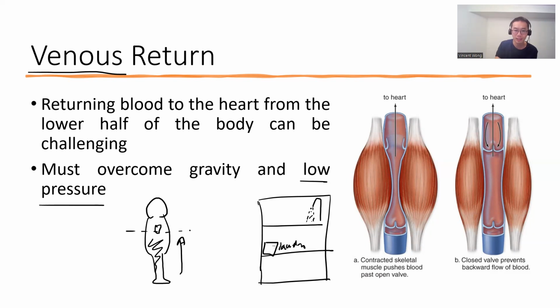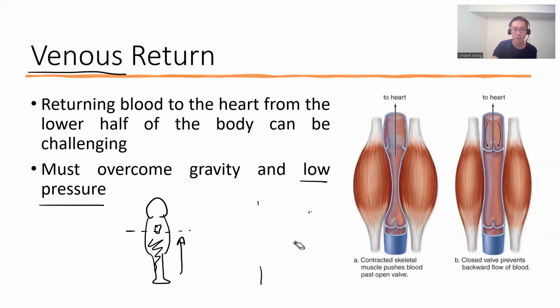Because you are diverting a lot of the fluid to other appliances that use water, right? So the low pressure causes the fluid to have trouble going up, basically. So those are the challenges that need to be overcome when we try to bring blood back to the heart.